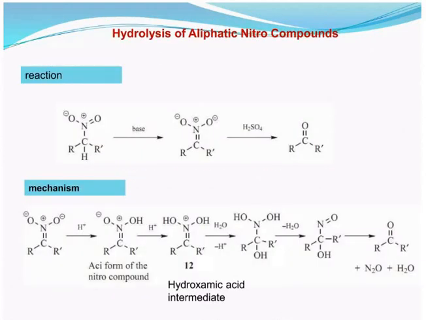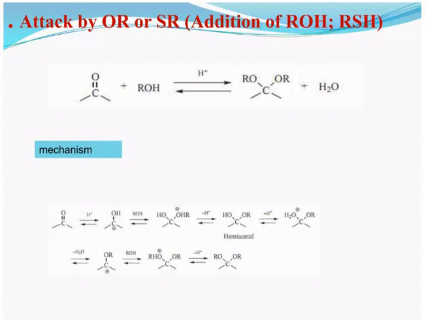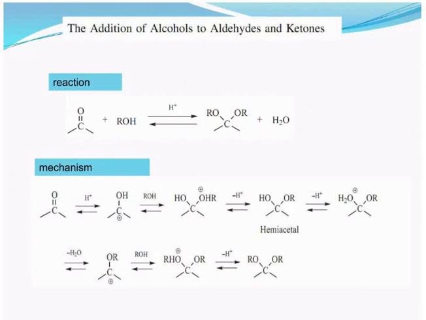Now hydrolysis of aliphatic nitro compounds. You know they increase the yield with titanium trichloride and activated dry silica gel. Now attack by OR or SR, addition of ROH or RSH. Hydrolysis of nitriles. You have to focus on this type of topic.